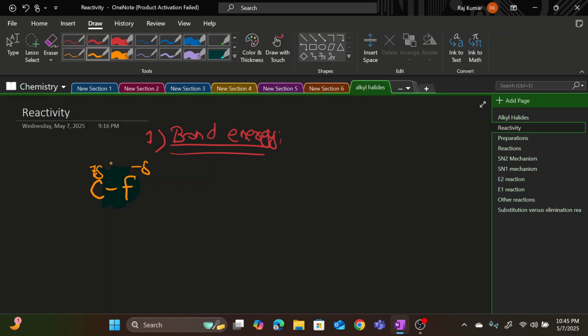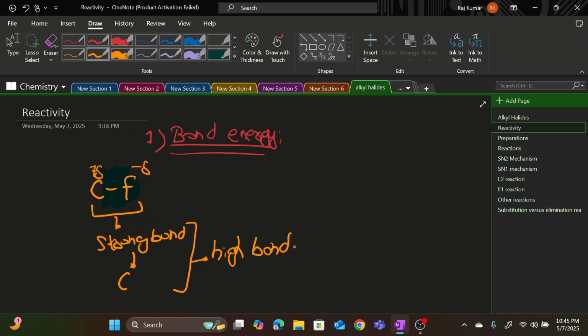That causes fluorine to form a very strong bond with carbon, and due to this reason it has a high bond energy.